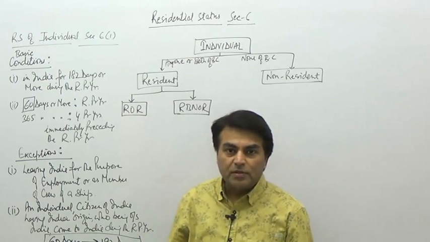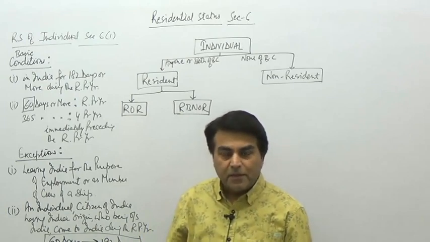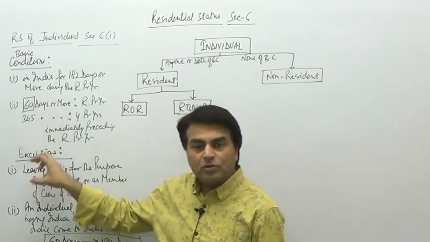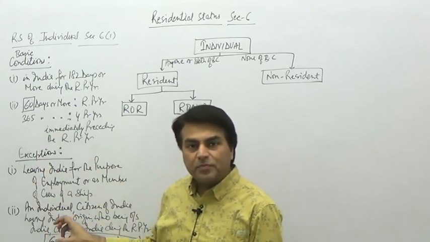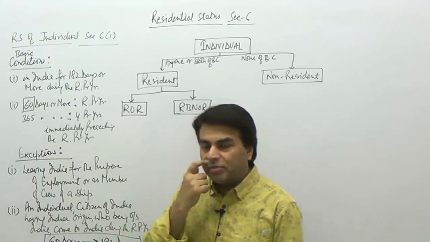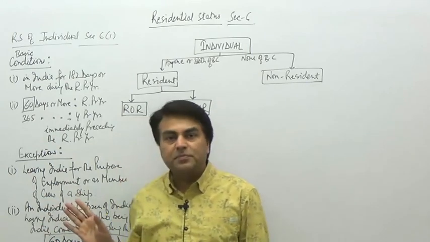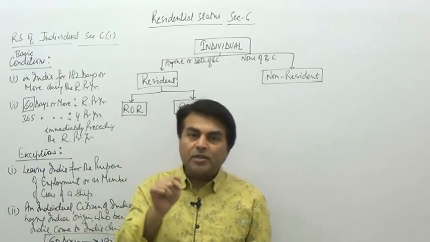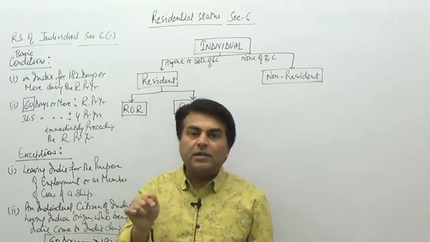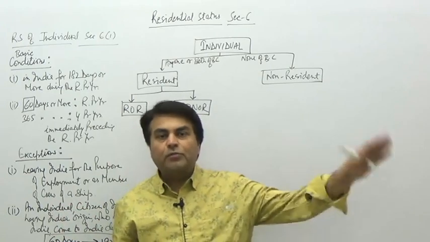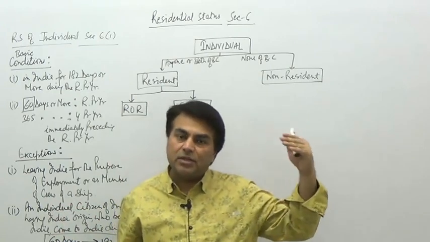Got it? Now take a normal individual who is not covered here in exceptions. Let us suppose X, who is not covered under exceptions. During the relevant previous year he was in India only for 70 days, but in the earlier 4 years he was in India full time.